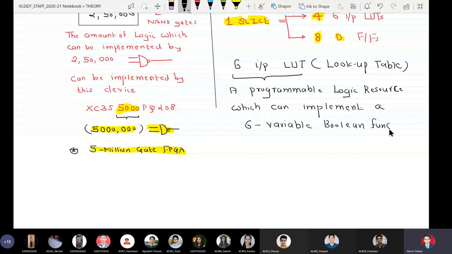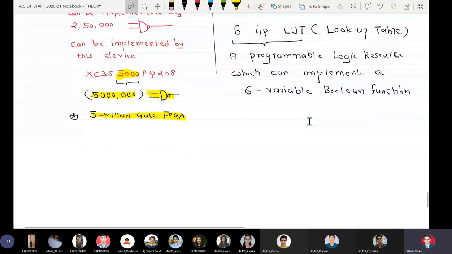Okay. So similarly, 2 input LUT is a programmable logic resource which can implement a 2 variable Boolean function, that is 0 0, 0 1, 1 0, 1 1. 4 input LUT is a programmable logic resource which can implement a 4 variable Boolean function.